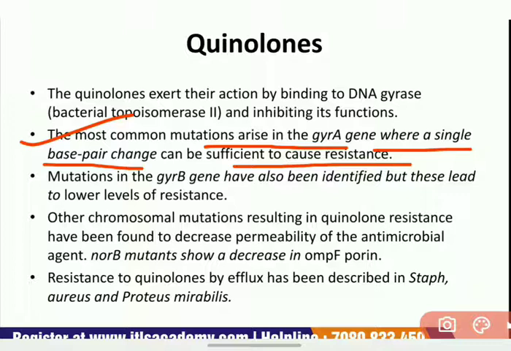Levels of resistance can be increased by the presence of multiple mutations within a region of the gyrA gene known as the quinolone resistance determining region. The exact mechanism of resistance is unknown but is thought to involve a subtle conformational change in DNA gyrase which reduces binding of quinolones.